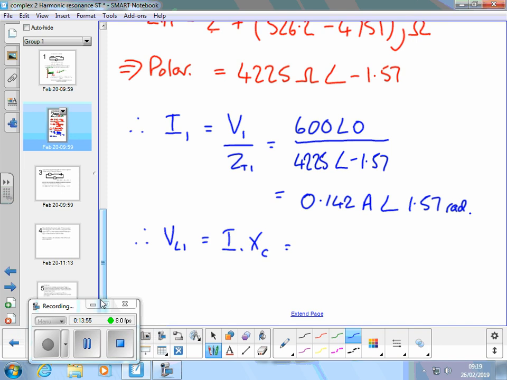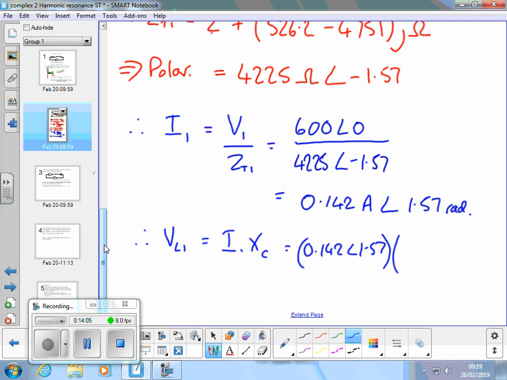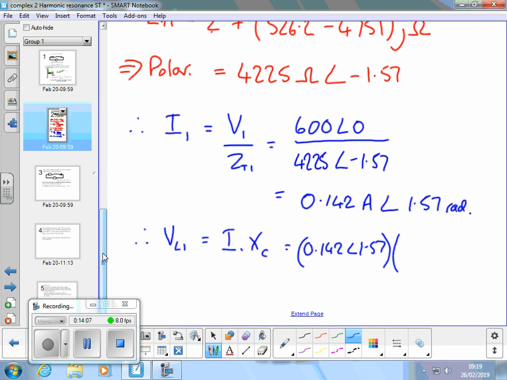We've got 0.142 angle 1.57 times 526.2 angle pi over 2 from the inductor. XL, that should be.